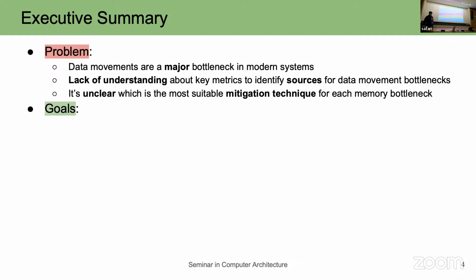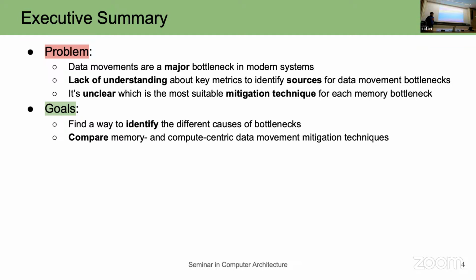What are the goals of the paper? The goals are to find a way to identify the different causes of bottlenecks and correlate them to the best data movement bottleneck mitigation technique. Also, it compares memory-centric and compute-centric architectures to do so.